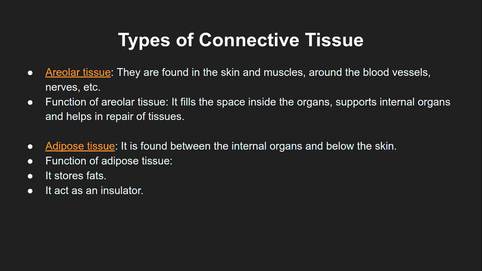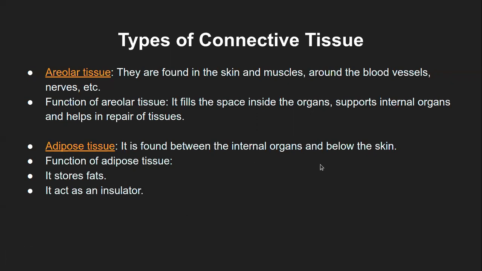In the supporting connective tissue, we have cartilage, bones, and tendons. And the fluid connective tissue is the blood and lymph. So three types. I will put this chart up so that you have it for your reference. But that classification is not really important. Understanding each individual type is the most important part.